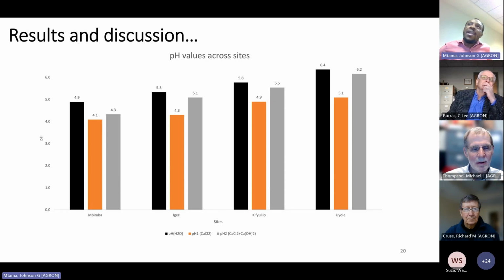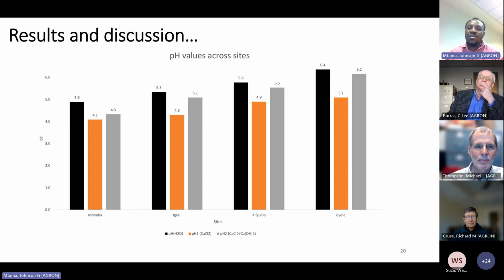Like I explained in my talk, we use the pH in water as an indicator of whether we really need lime intervention in this site or not. To put it in a more scientific way, this is a measure of active acidity in the soil. It's the amount of hydrogen ion concentration present in the soil system. So it just tells you that there is a serious problem of soil acidity in this condition. But when we want to devise an effective lime program, we do not use the active acidity.